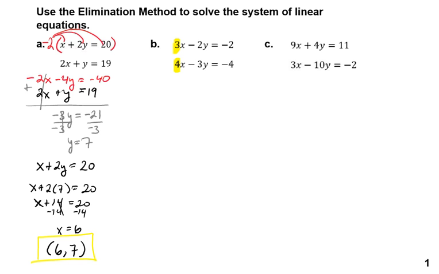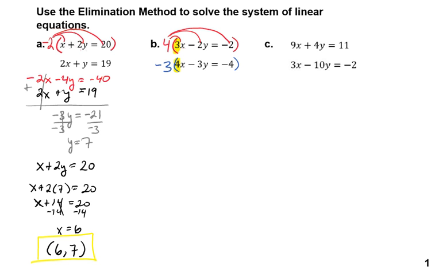So what do 3 and 4 both have in common? Well, they can both turn into the number 12. So we're going to multiply our top equation by 4 to everything, and we're going to multiply our bottom equation by a -3. Now I chose the bottom to be the negative just because it was the bottom equation. I did the positive first.